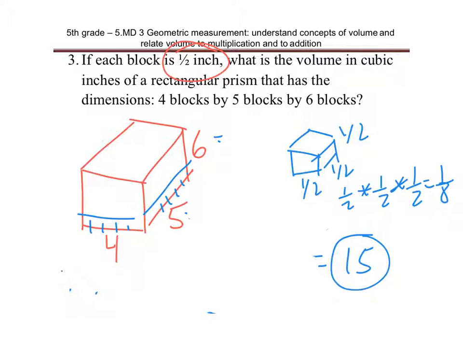Each of these cubic things, how much is it? Well, it's an eighth of a cubic inch. So what we could do instead is multiply 4 times 5 times 6. So altogether there's 120 cubes, but then we divide by 8. We also get 15. Why? Because the 120 cubes each is just an eighth.